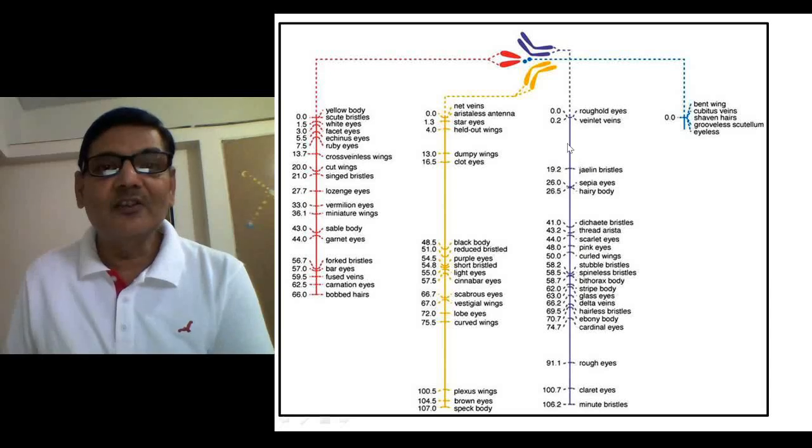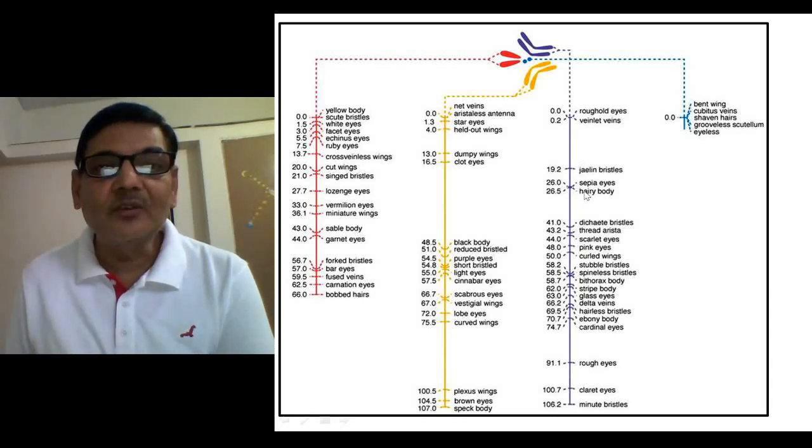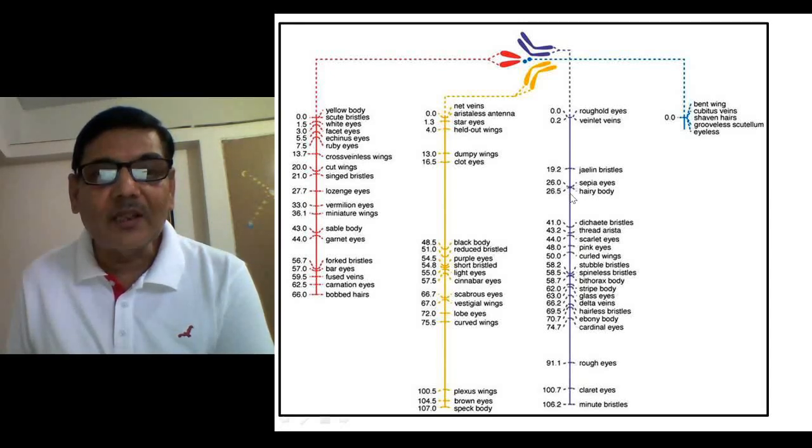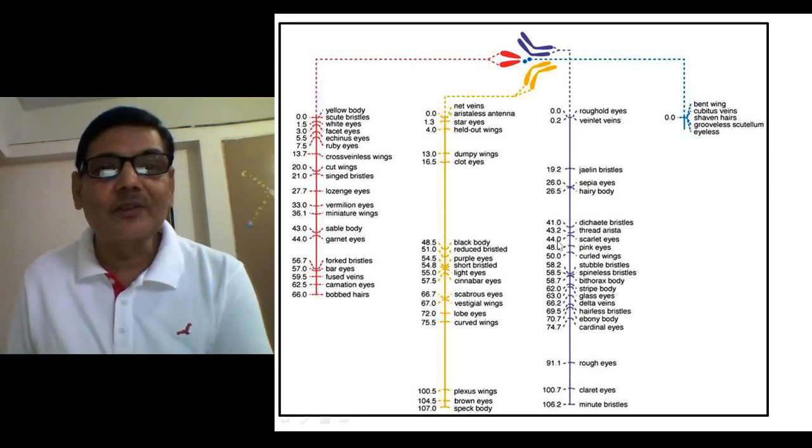Here we selected genes of the third chromosome. So the sepia eye color gene is located here, and then you have the other one, curled wing. So definitely the curled wing gene is located here, and between them you can see so many genes are there. And the third one is for ebony body color, it is also located here, and you can see the distance between them, that is shown on this left side.